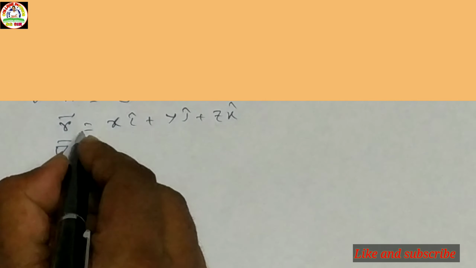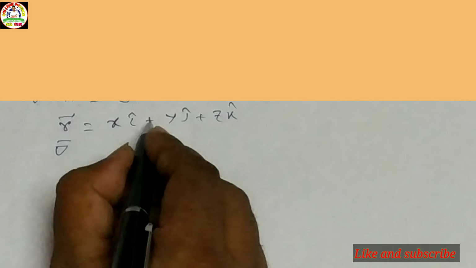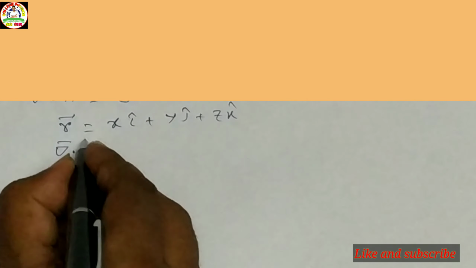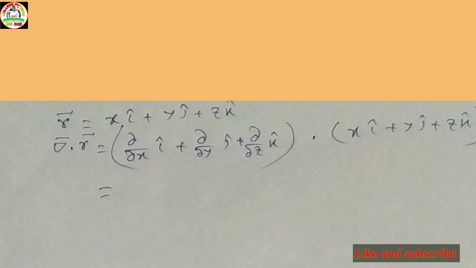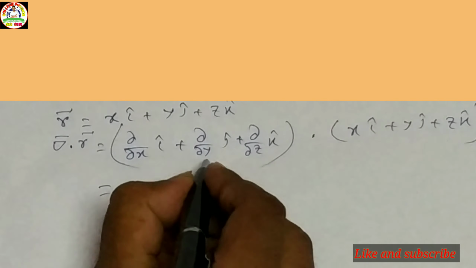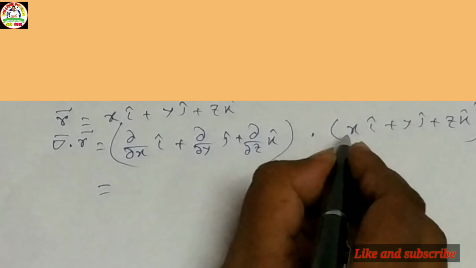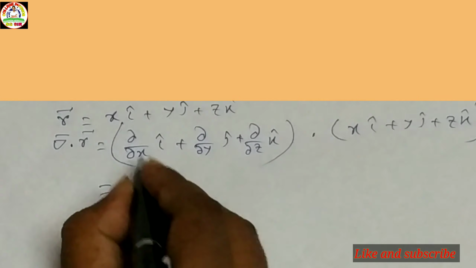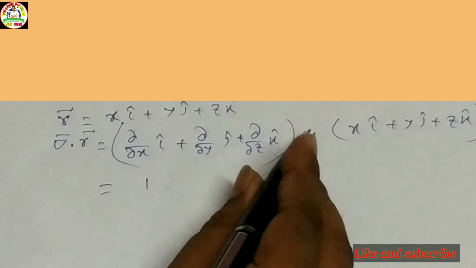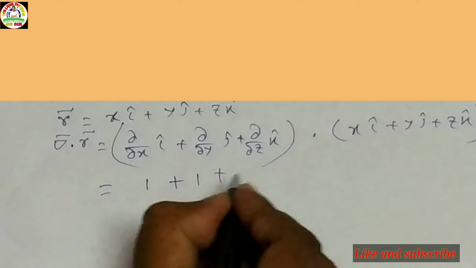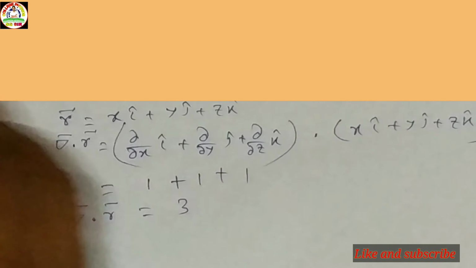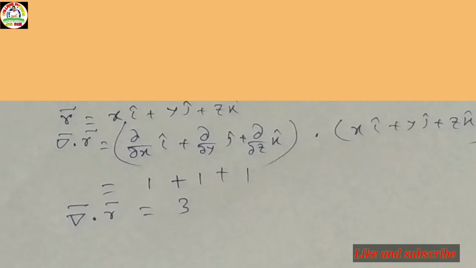Also, if r is a position vector, r equals xi cap plus yj cap plus zk cap, then divergence of r is del x i cap plus del y j cap plus del z k cap dot xi cap plus yj cap plus zk cap. If you operate it, we get del x of x means 1, i dot i equal to 1, j dot j equal to 1, k dot k equal to 1. So divergence of r is equal to 3. This is very important for entrance examinations.